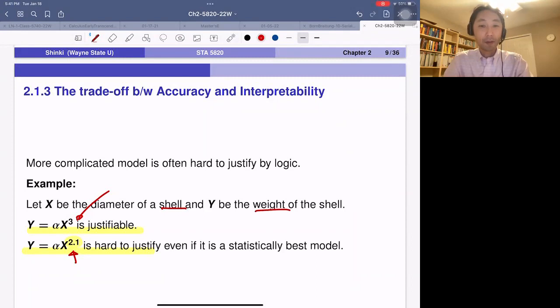Okay, so we maybe launch the poll. Yeah, so which one would you choose? So x to the power 2.1 is more accurate, but the x cube is justifiable, slightly worse performance.